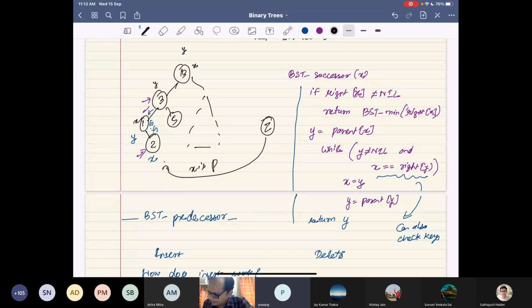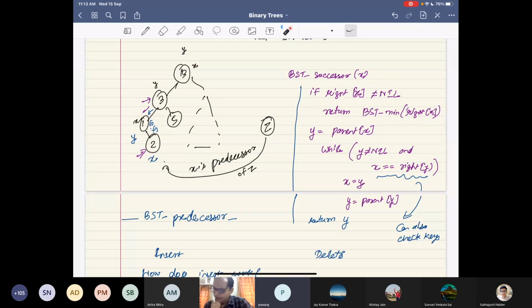That means x will be the rightmost element in the left subtree of z. Yes, I know that. So I have to find that z using x.